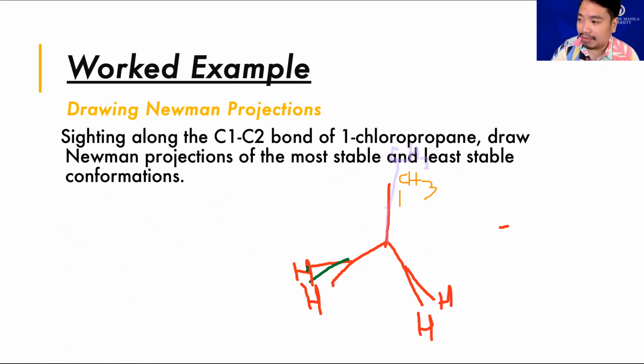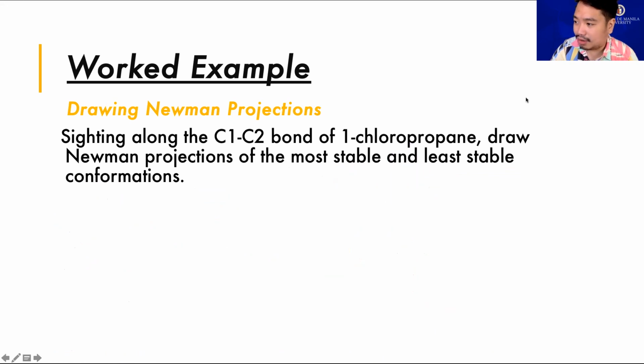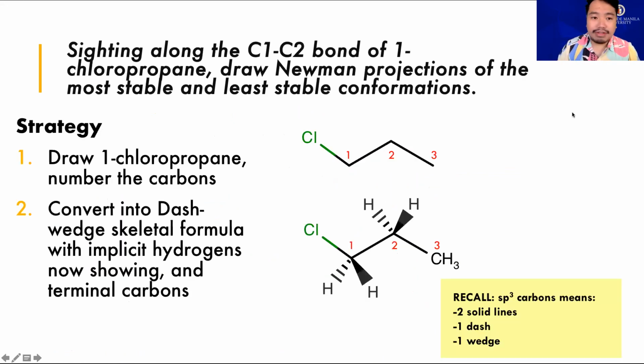Perfect. Great job, everyone. Okay, let's just get my mouse back. Clear all drawings. Okay, there we go. So again, first step, translate the name into a skeletal structure. Second step, try to visualize that flat skeletal structure in 3 dimensions by converting it into the dash-wedge format, or the dash-wedge way of drawing structures.